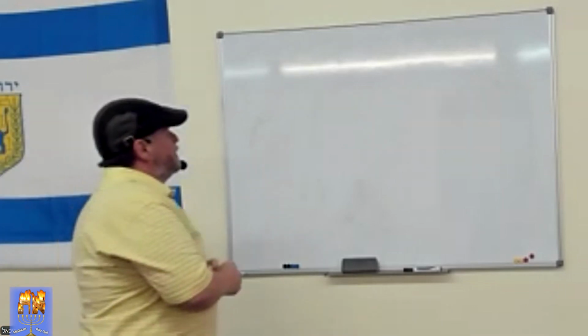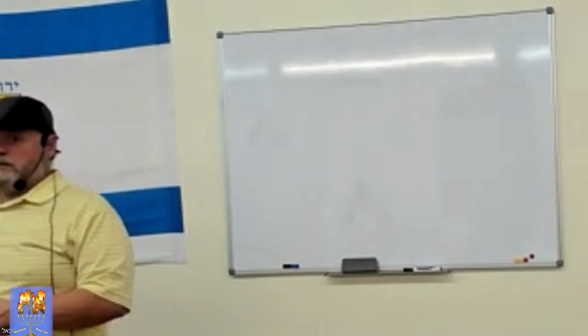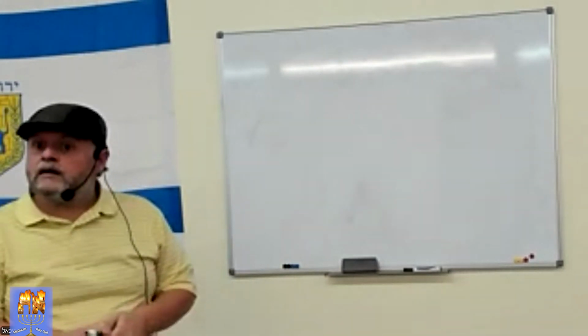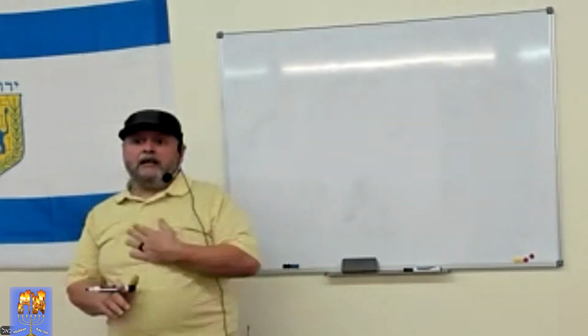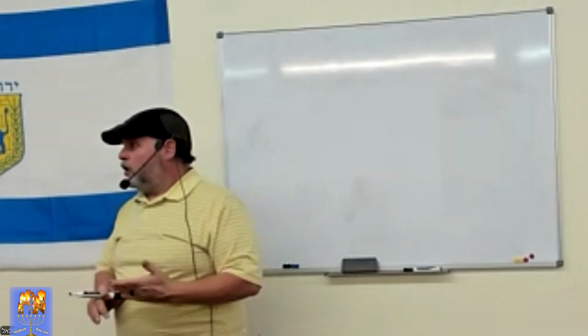Yodea. It comes from the same root word yada, to know. Ani lo yodea. I have no idea. I don't know. Ani is I. Okay. Ani, me. I. Lo, that's a negator.